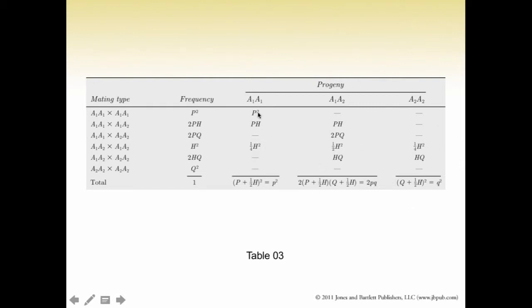And what we ultimately get from this is P squared, 2PQ, and Q squared being the frequency of the different genotypes when we add it up and do all the math. So this is what this total below gives us. And that's ultimately the Hardy-Weinberg equilibrium equation, or it's also the binomial expansion.